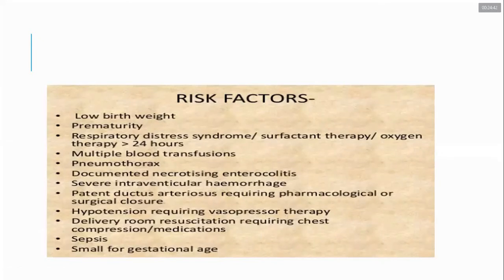So what are the risk factors for ROP, which is an important question for you.